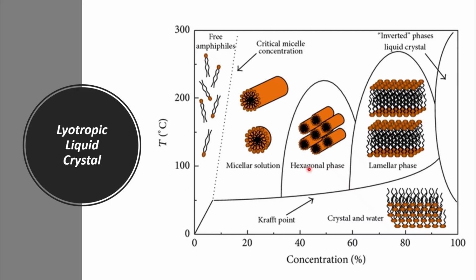As you can see here, there is a hexagonal phase, a lamellar phase, and then there is also an inverted phase at higher concentration. So these lyotropic liquid crystals usually consist of amphiphilic molecules that have a hydrophobic group at one end and a hydrophilic group at the other end, and most of the time the solvent is water.